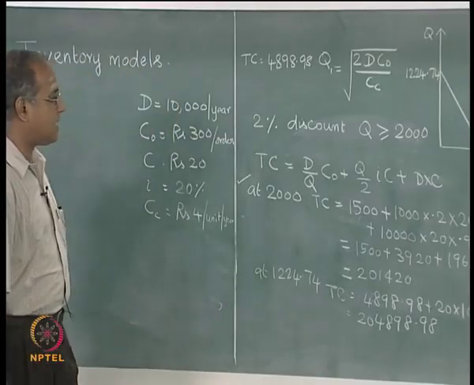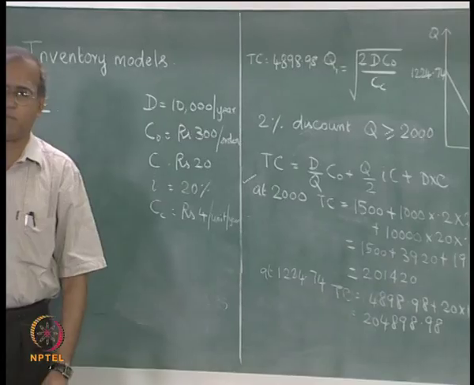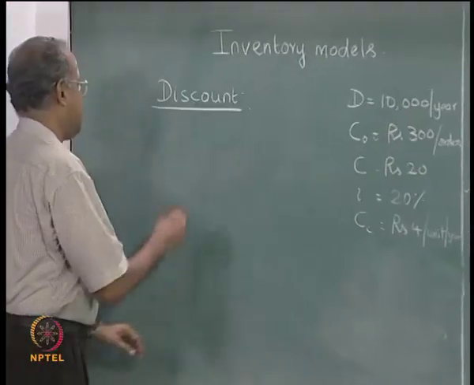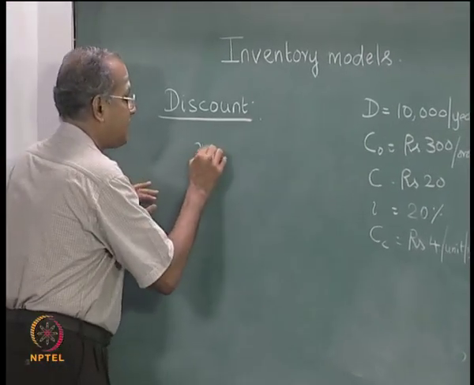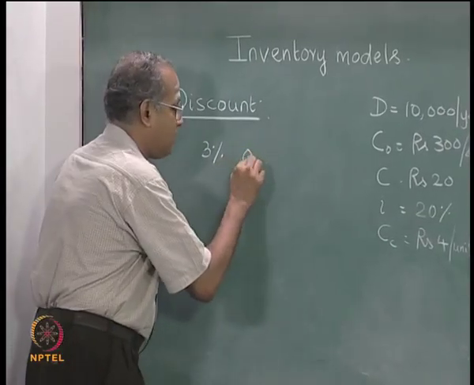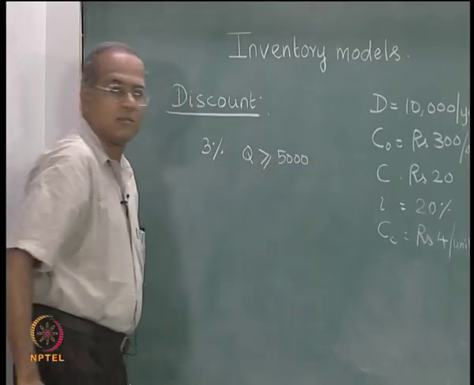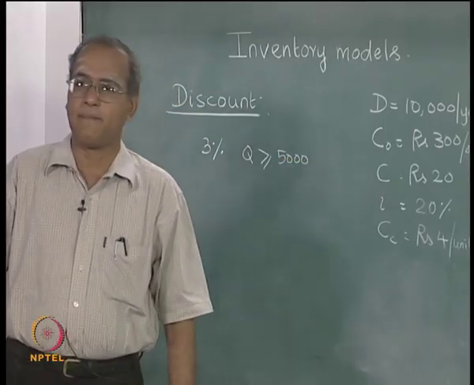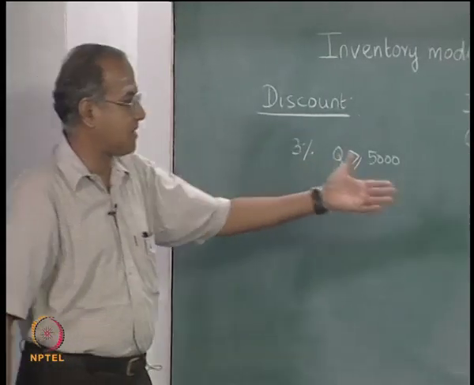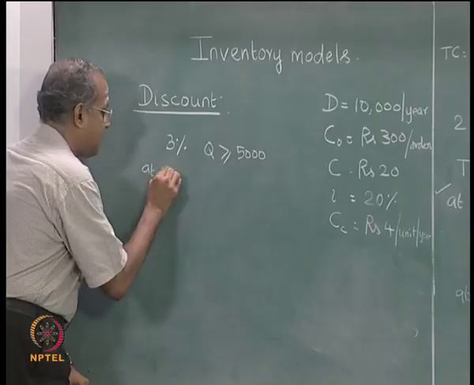Now, let us assume that the vendor is giving us another price break point, and the vendor says that he can give a 3% discount if the order quantity Q is greater than or equal to 5000. So, we have to do the same calculations. So, at 5000 what is the total cost?